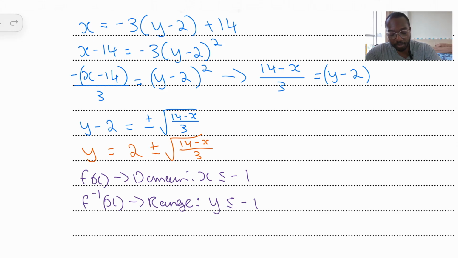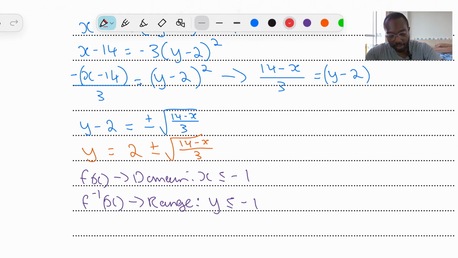Therefore, by that logic, this has to just be y is equal to 2 minus the square root of (14 minus x) over 3. Because we know the range has to be less than or equal to minus 1, that means our y value has to be less than or equal to minus 1.